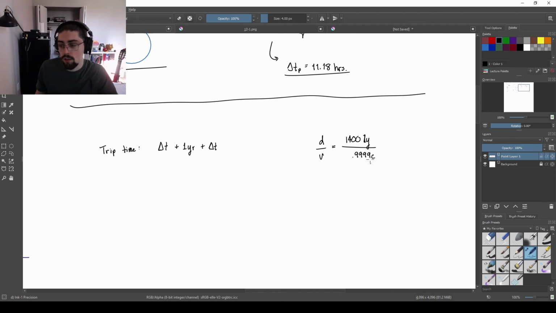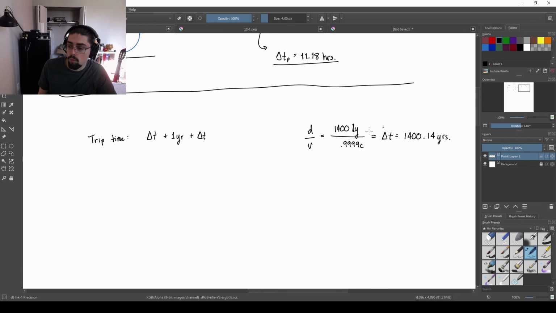So the light cancels out with a light here, and what we end up with is that this single trip, delta t, is going to be equal to 1,400.14 years. So just a little bit longer, right? It's almost moving at the speed of light. You're getting really, really close.